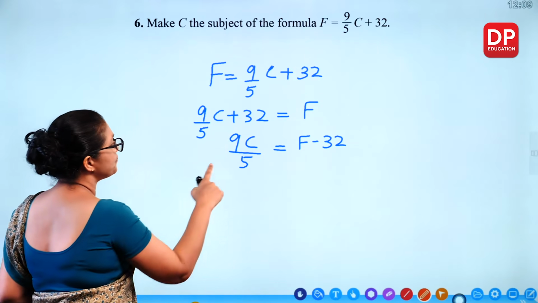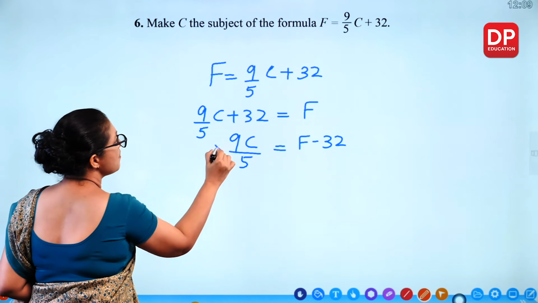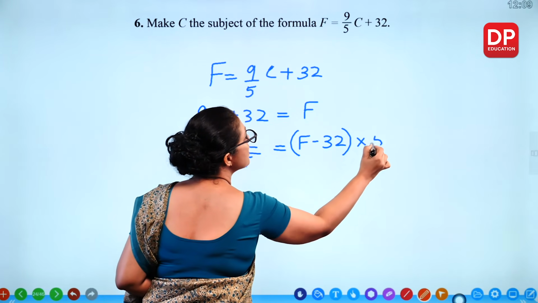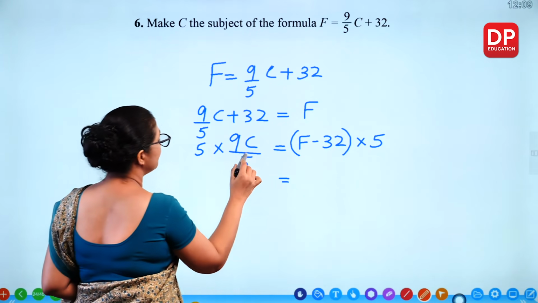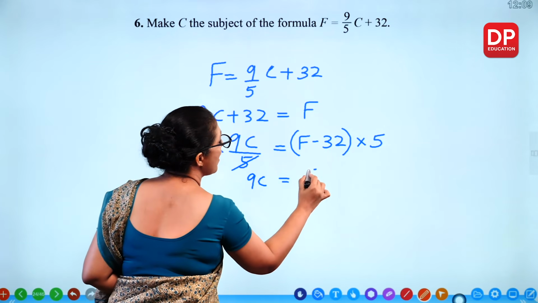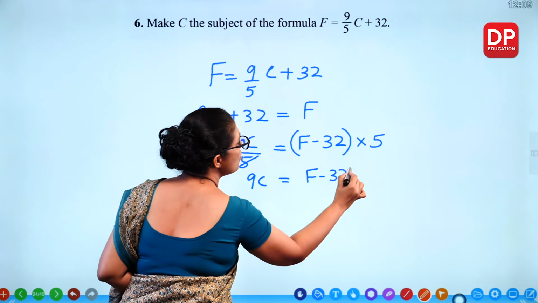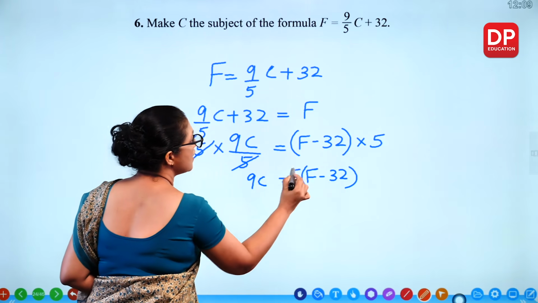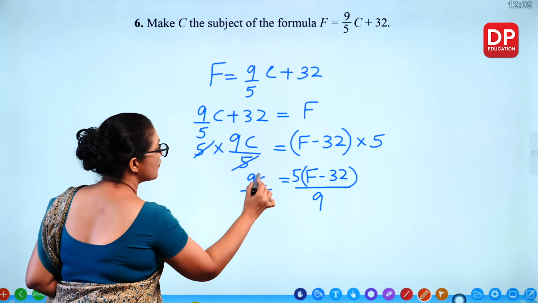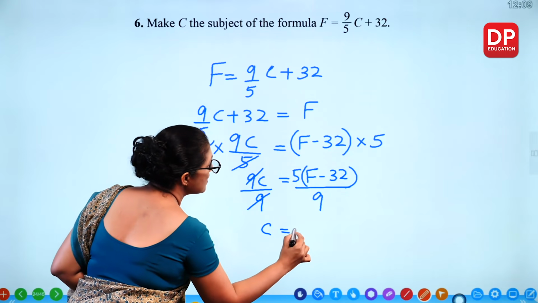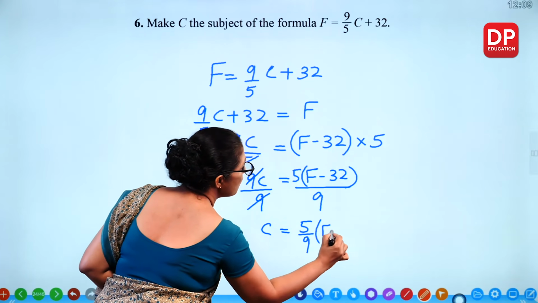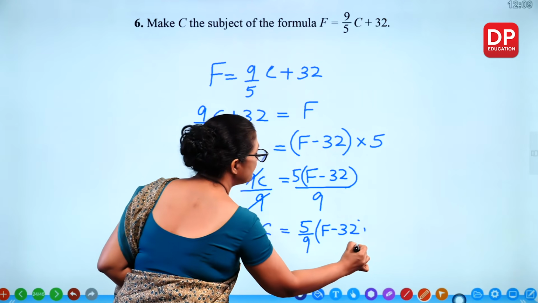Now multiply by 5. Make sure that you put brackets. You get 9c equals f minus 32 times 5. Divide both sides by 9. So what's c? c becomes 5 over 9 times f minus 32.